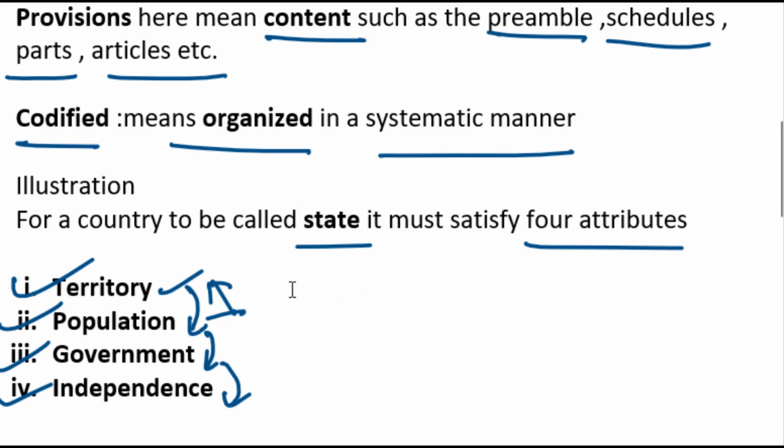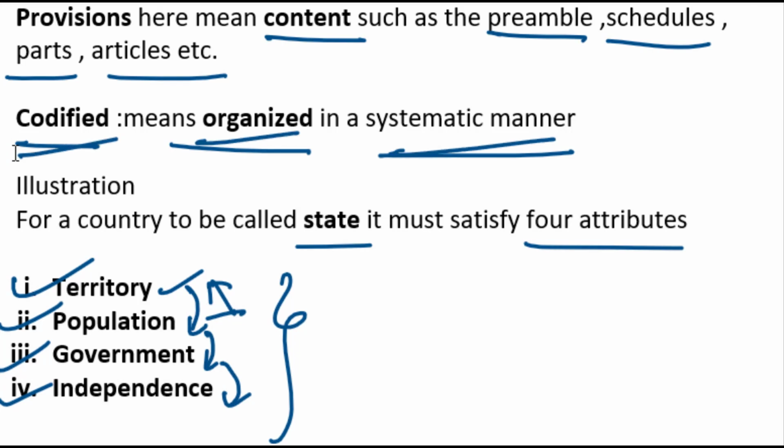Here the four attributes have been systematically arranged and therefore are codified. And it is this that we mean by being codified, organized in a systematic manner.